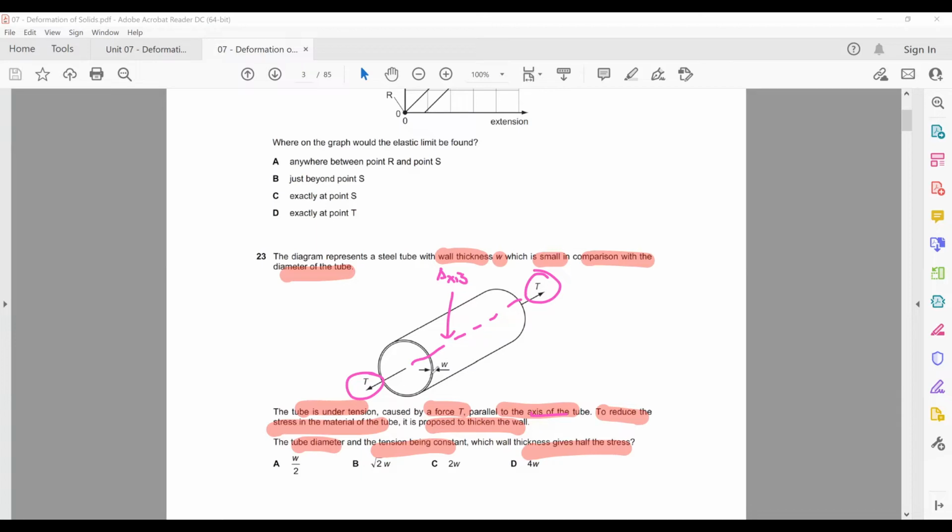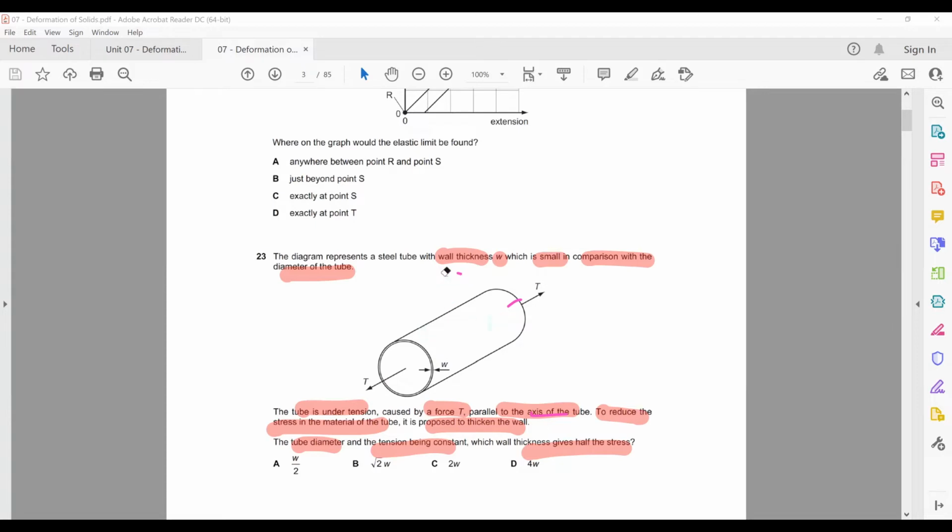Okay, so this one is what you have here. Let me just use a different color to highlight a few things.